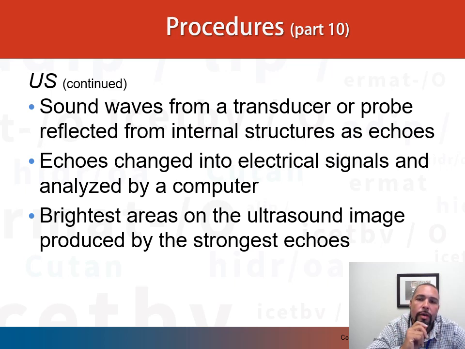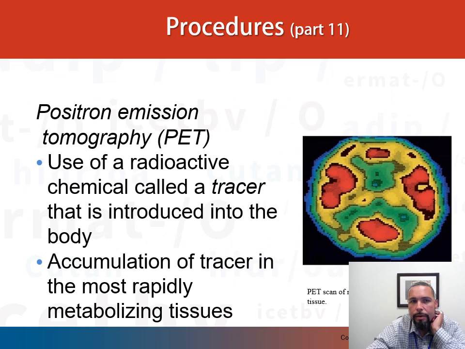It sends a wave, that sound wave hits a certain organ or body structure, and it returns that echo at different frequencies, which are tracked by the computer, and the different frequencies develop different images, and that's how we're able to produce the image of the fetus or an image of a vein or an image of an artery using the echoes produced by that ultrasound.